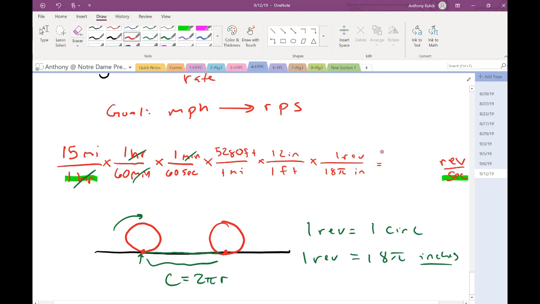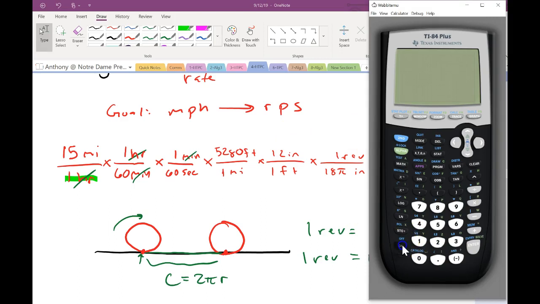We feel okay there? So to type this into my calculator, again, I'm going to use the fraction command. And I'm just going to type in everything in the numerator.